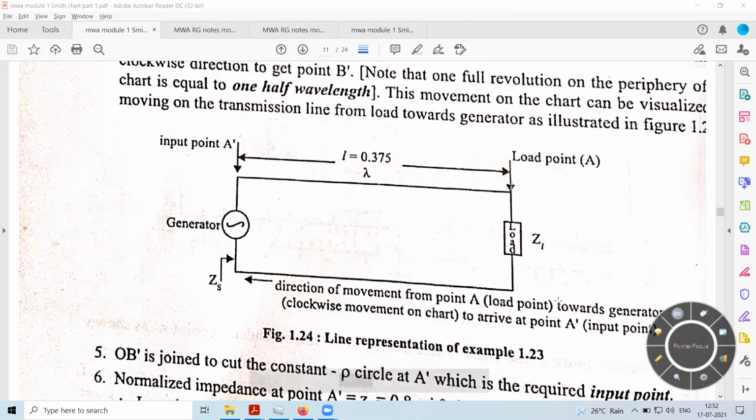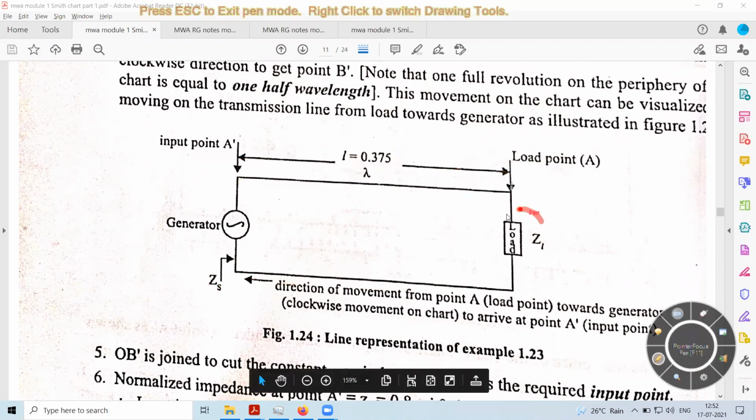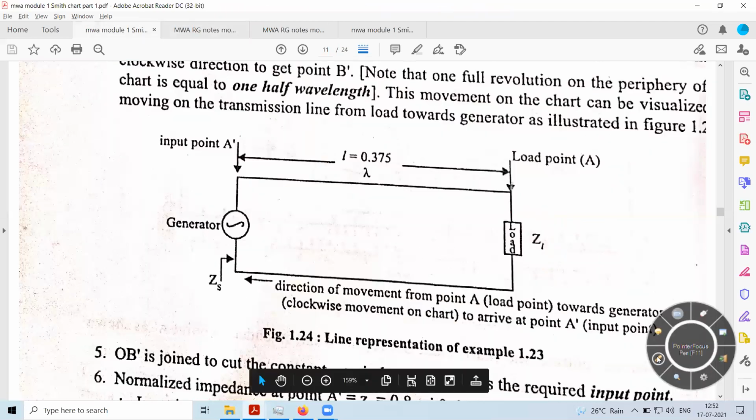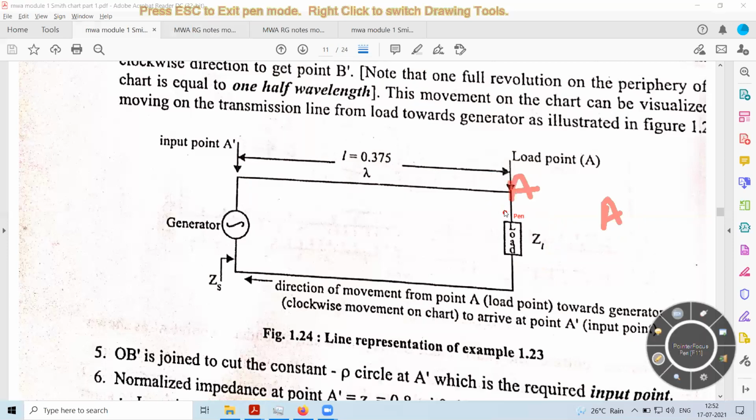Now what I have to do is mark the load point on the Smith chart, which is corresponding to point A. From point A, I have to move towards the generator by a distance of 0.375 times lambda.